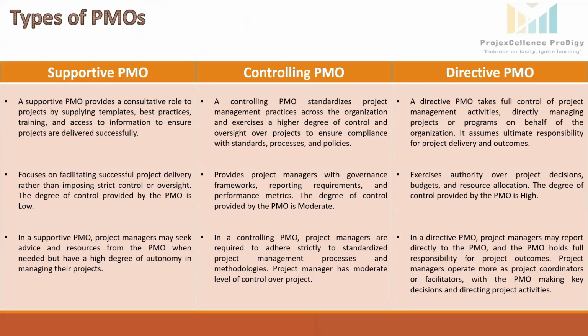It acts as a repository of project management knowledge and resources, and provides them whenever needed. It focuses on facilitating successful project delivery rather than imposing strict control or oversight. The degree of control provided by the PMO is low.